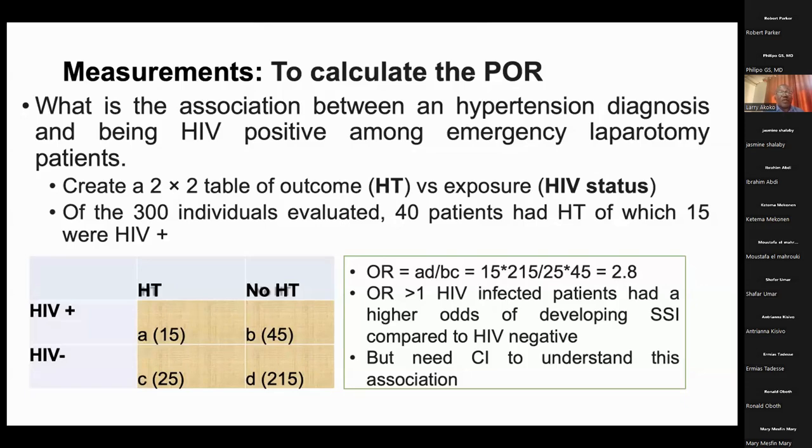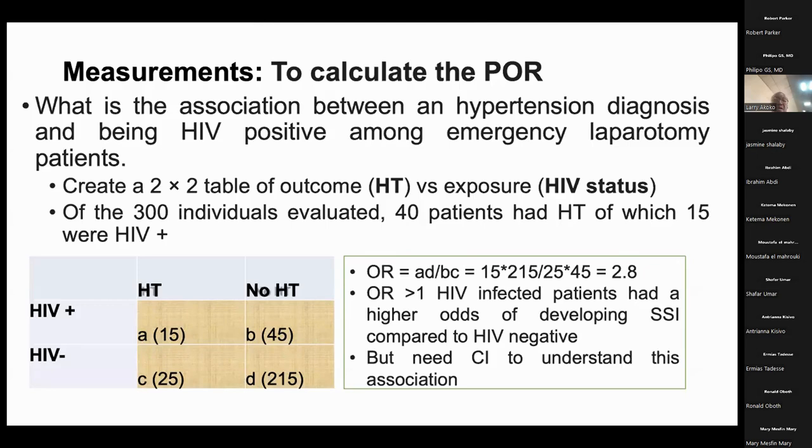So the odds ratio, just like any other odds ratio calculation, is normally calculated from cell A and cell D, and you divide that with the value in cell B and cell C. So you get the odds of having hypertension when HIV positive of 2.8.